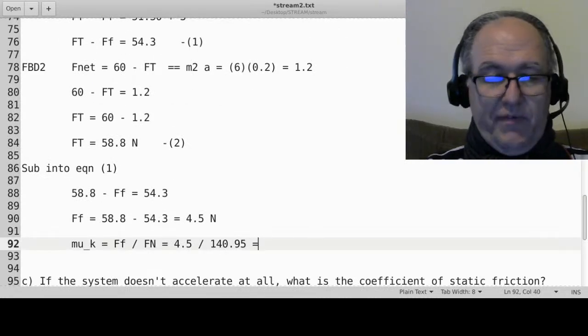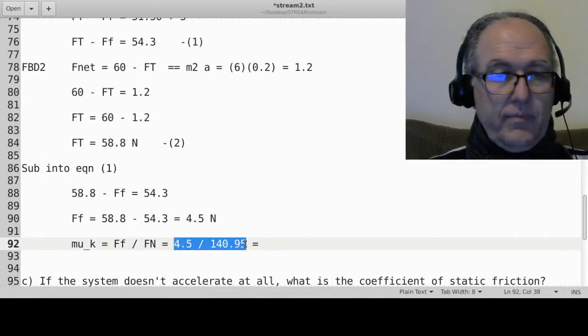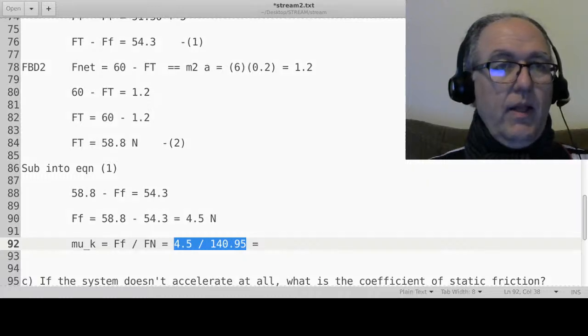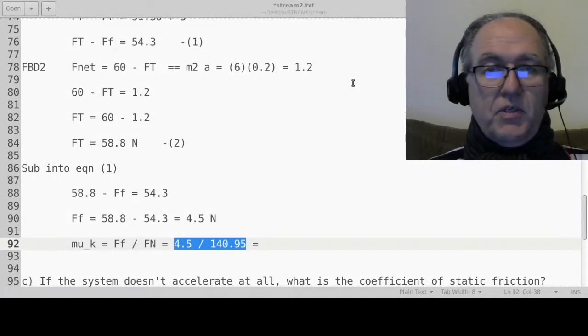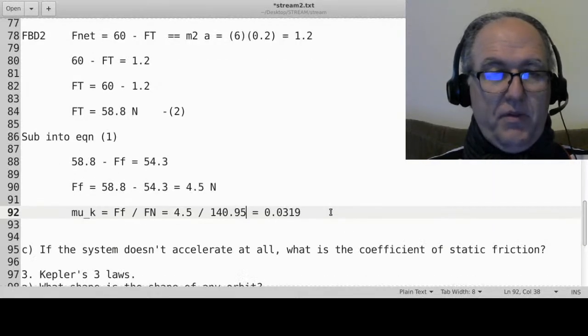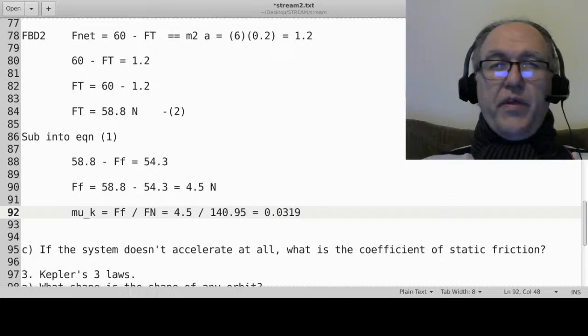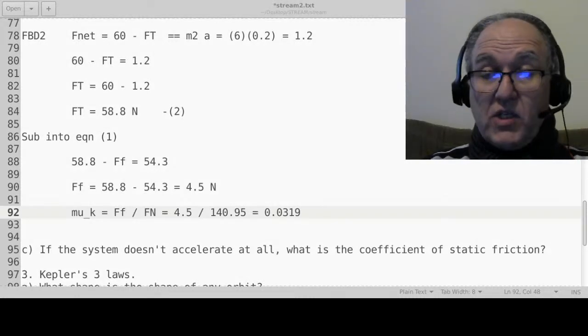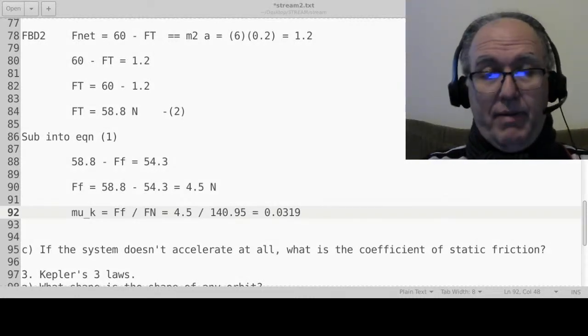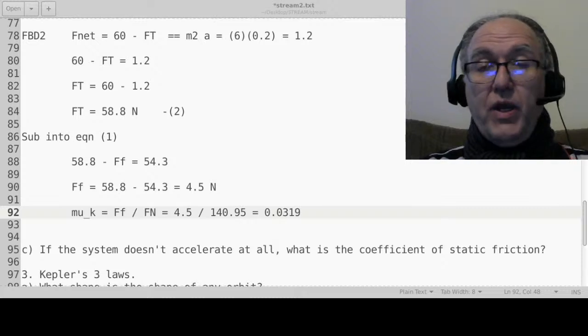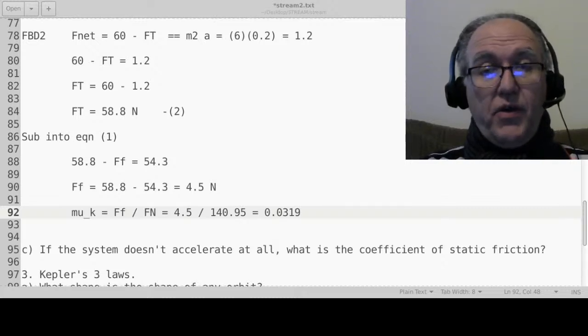If I substitute in and just do it on my calculator, I get this value right here, rounded off to 3 digits. There is the coefficient of friction. It's a small coefficient of friction, but it's not 0. It's 0.0319.